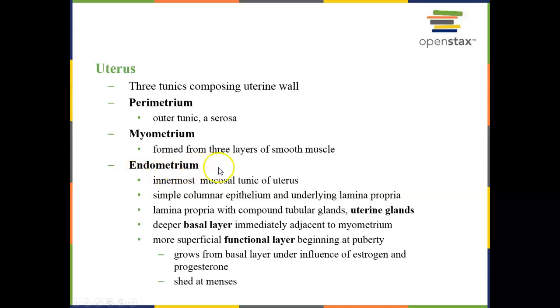This is the most unique layer because it's constantly changing. So it thickens throughout that ovarian and uterine cycle, and then the endometrial lining sheds every single month from puberty until menopause, depending on the amount of different hormones in our system.